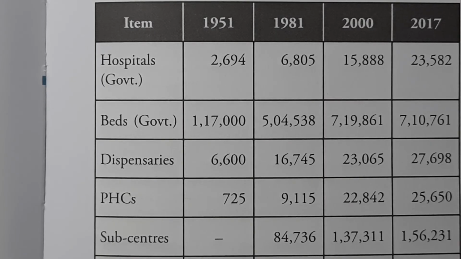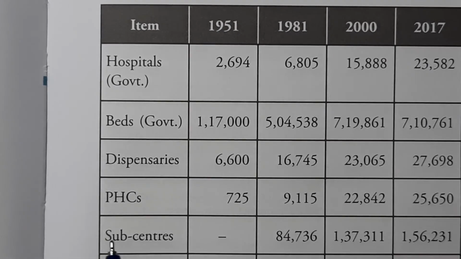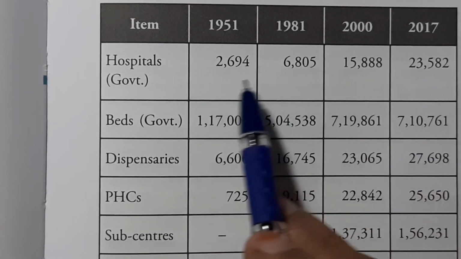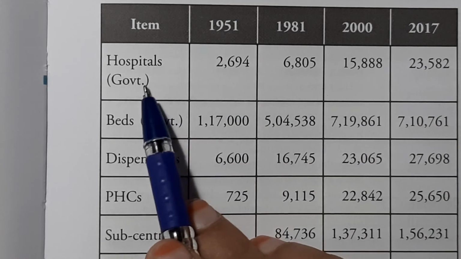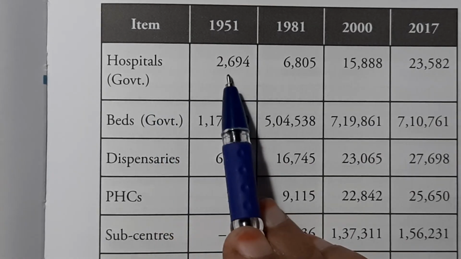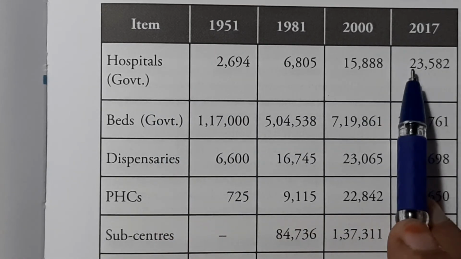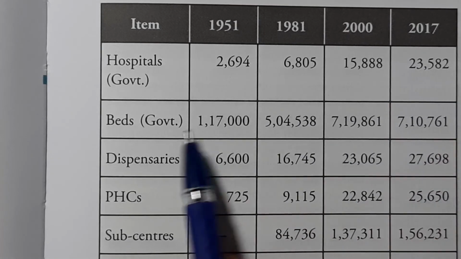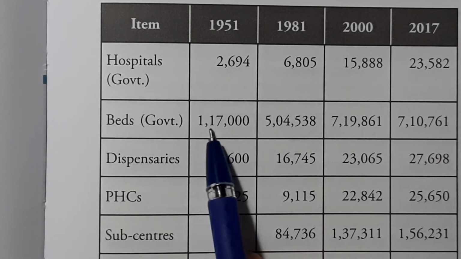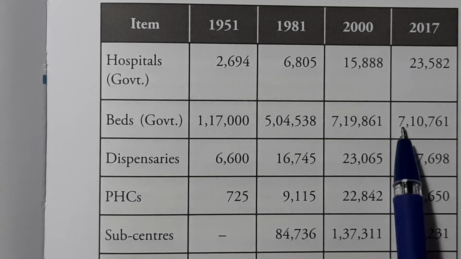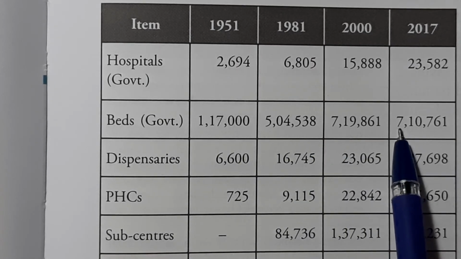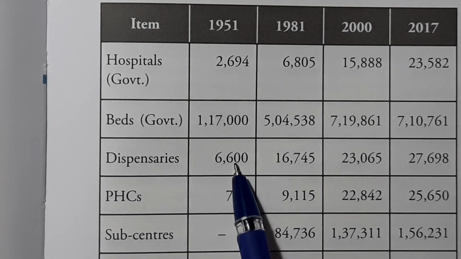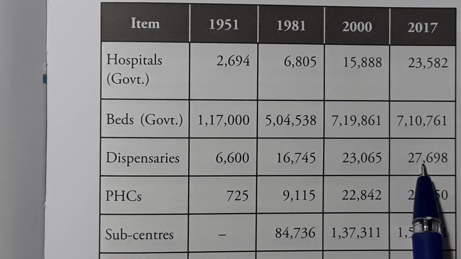Now, if you look at this public health infrastructure in India from 1951 to 2017, we find the government hospitals have increased from 2,600 to almost 23,500. The beds have increased from 1,17,000 to over 7 lakhs. Then dispensaries have improved from 6,06,000 to 27,600.